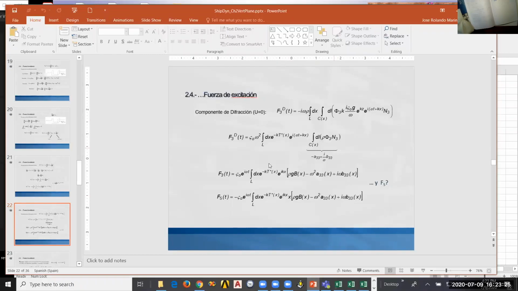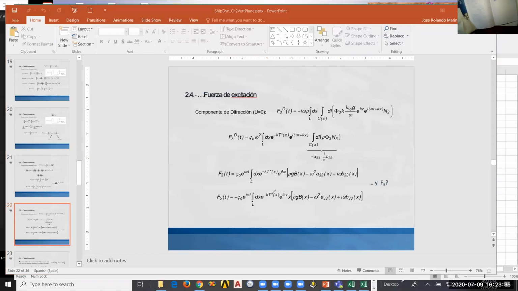Can you see my screen now? Yes, the PowerPoint. Okay, let's remember this. Let me work with the force, not with the moment. So this is real, this is real. This has imaginary and real. This is real and this is imaginary, right?